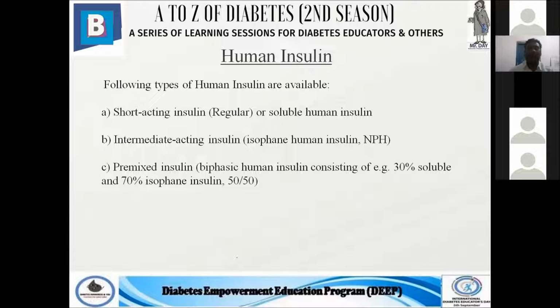It acts for around 12 to 18 hours, and if used with caution twice daily, it can act as a basal insulin. And the third one is the premixture of short acting, that is regular, and intermediate acting insulin. It can mimic the basal bolus regimen if used twice, but is less flexible than the original basal bolus regimen.